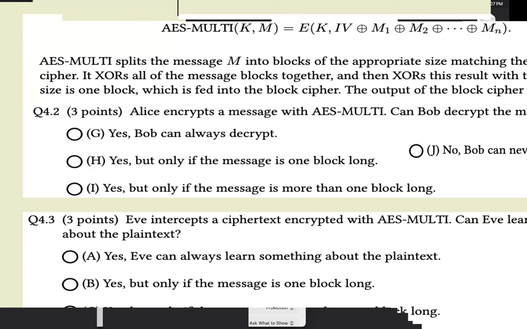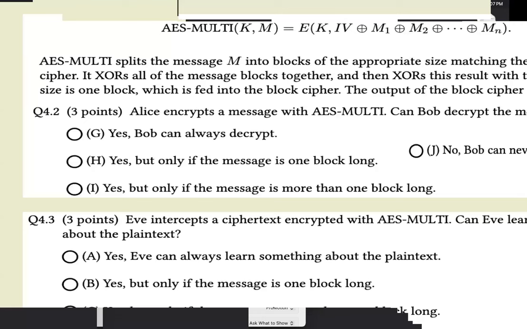Okay, anyone wants to answer this? The H. Yes.